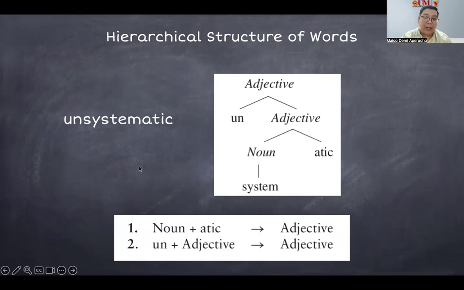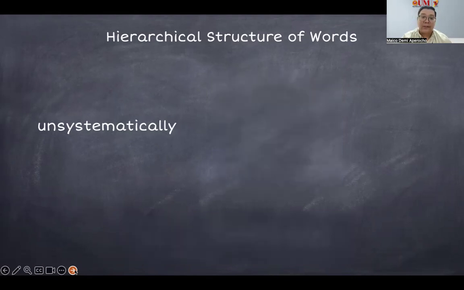It could be system plus the suffix "atic," creating the adjective systematic, and then "un" plus the adjective "systematic" to still make an adjective, unsystematic. Again, we have to understand how to parse our words first so that we would know the word choice, the lexical item, or the specific category of the word to which it belongs.